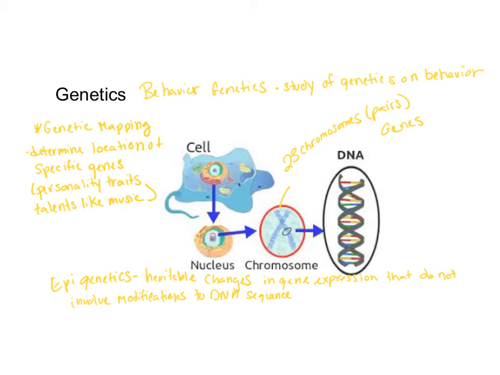So in other words, what are some things that we may inherit from our parents or from our ancestors that may not necessarily modify our DNA, but still involve genetics?